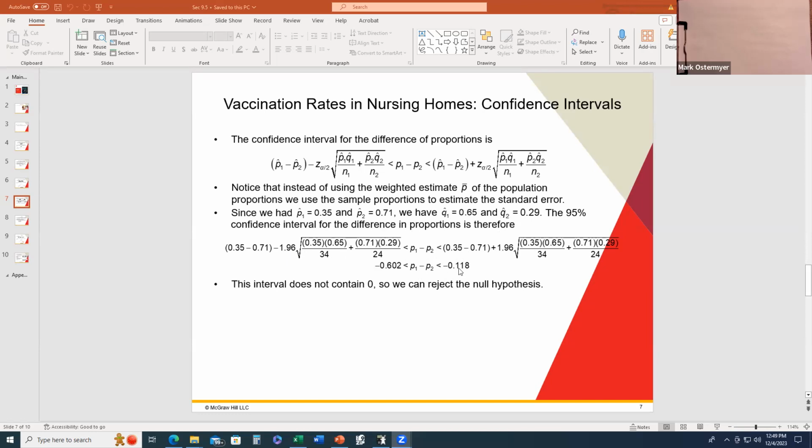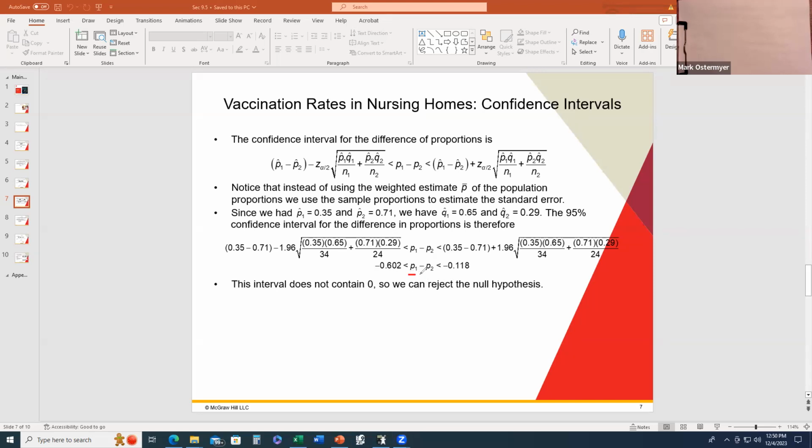And you can see that both endpoints are negative for this confidence interval. And because of that, 0 was not found in this confidence interval, which indicates there is a difference between the population vaccination rates of these two different institutions, the small and the large nursing homes.